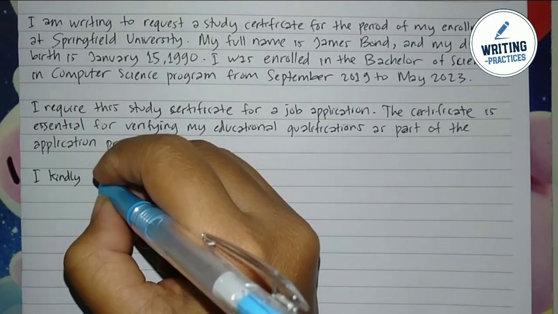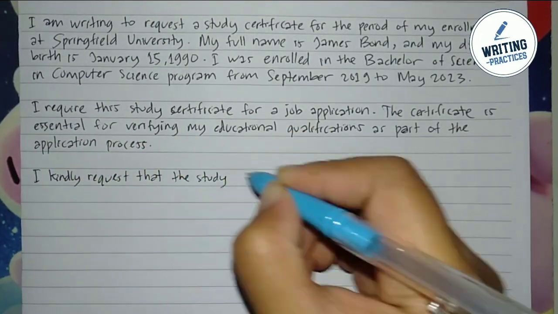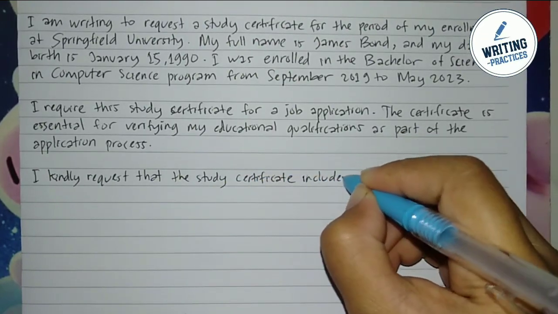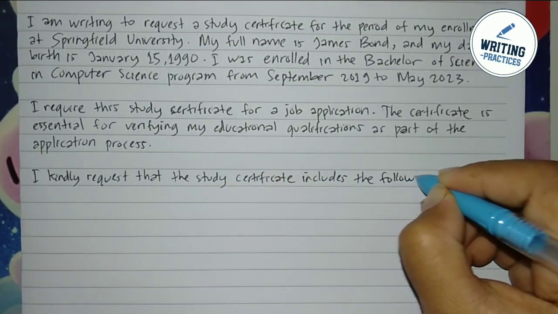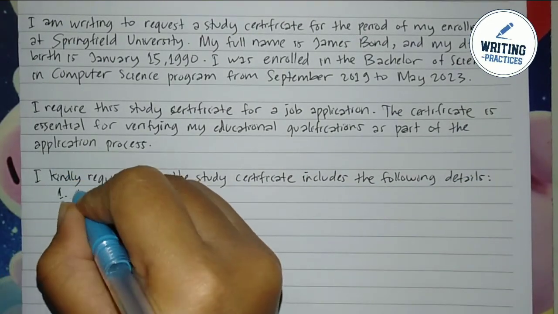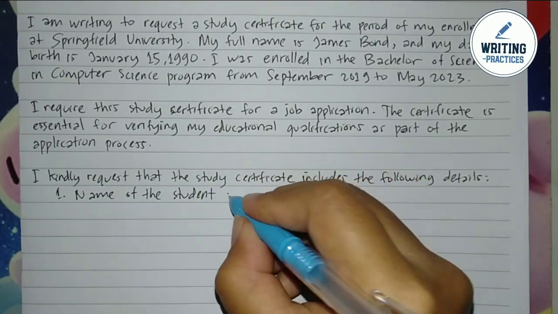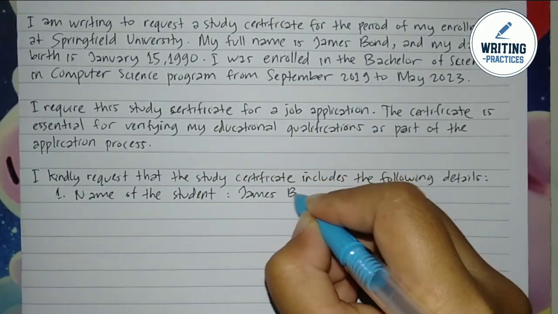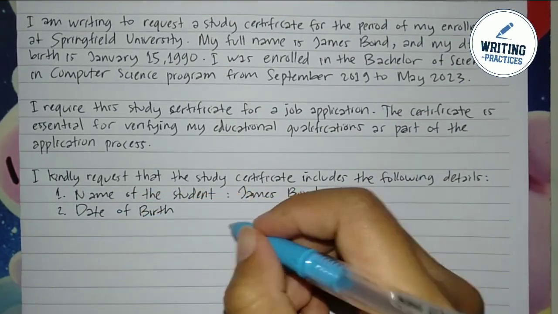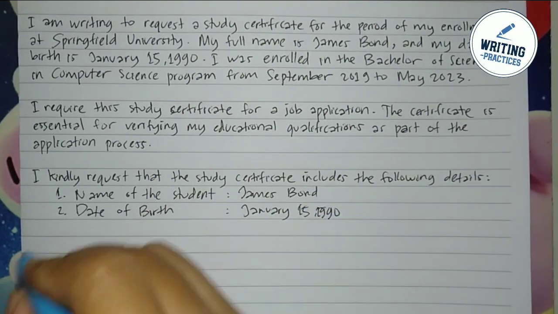In the third paragraph, this is where you give all details for the certificate. In this case, you should specify the specific details or information that should be included in the study certificate. This may include the period of your enrollment, or start and end dates, the name of the course or program of study, and any additional details that are relevant to your request. For example, "I kindly request that the study certificate includes the following details.